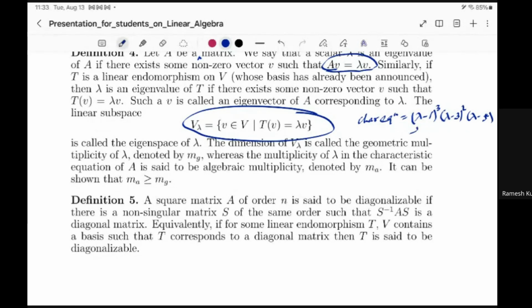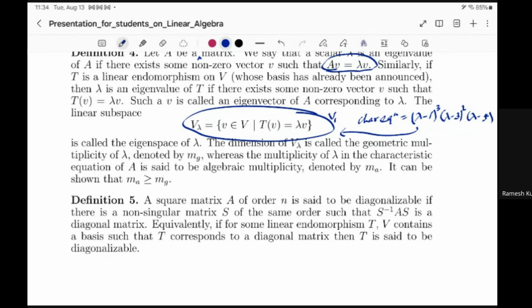Corresponding to this one, we should be able to make an eigenspace V1, and the dimension of that eigenspace will be the geometric multiplicity corresponding to 1. It is a well-known fact that when the eigenvalue lambda is fixed, then the algebraic multiplicity will always be at least as much as the geometric multiplicity.